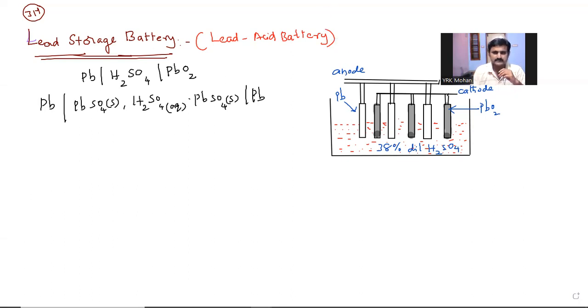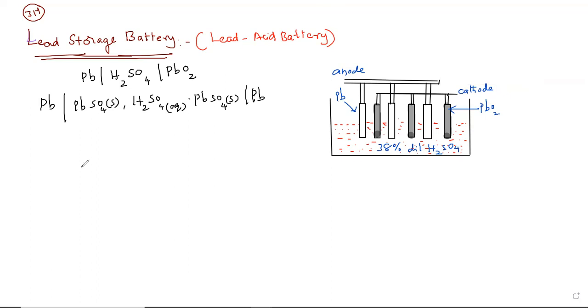Okay, let us see, dear students. There is one of the most important representations given here. It is also the most commonly used battery in many applications like automobiles and inverters.